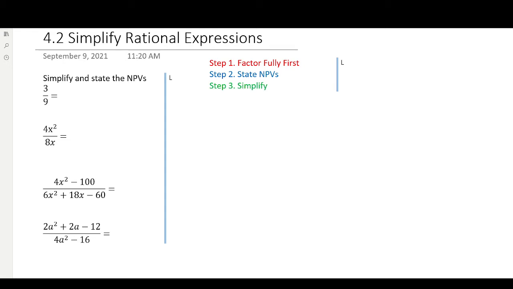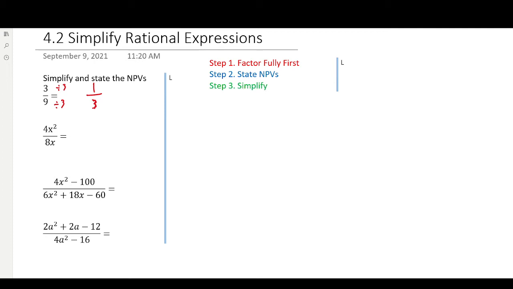So here in this first question, we can divide by 3 on the top, and we can divide by 3 on the bottom, so it gives us 1/3. So for a regular simple fraction, this is perfectly fine.